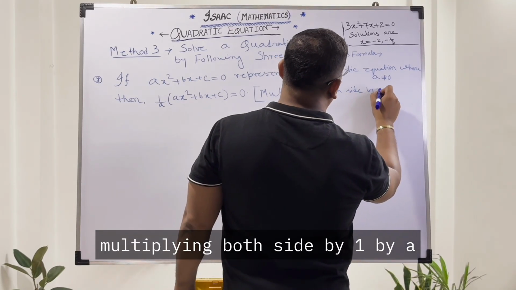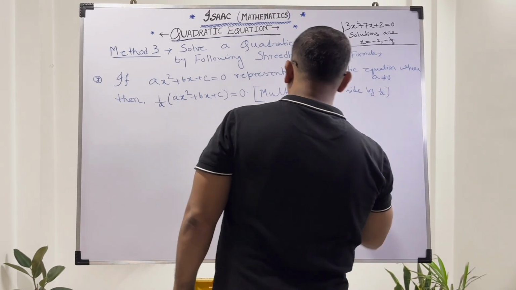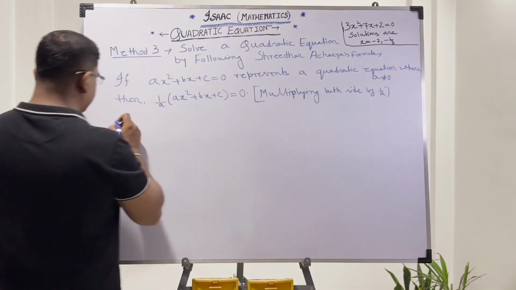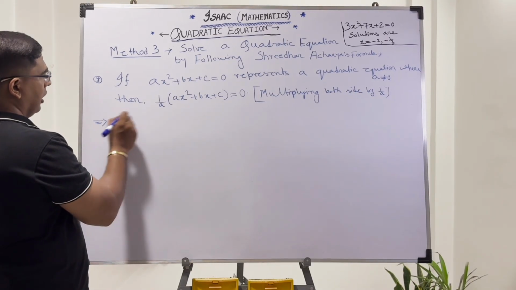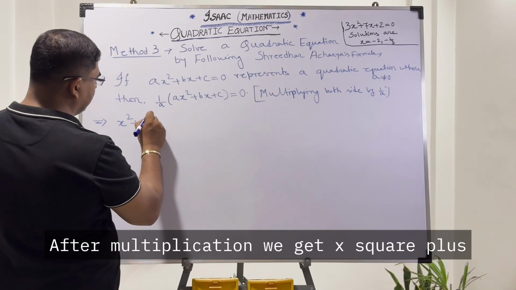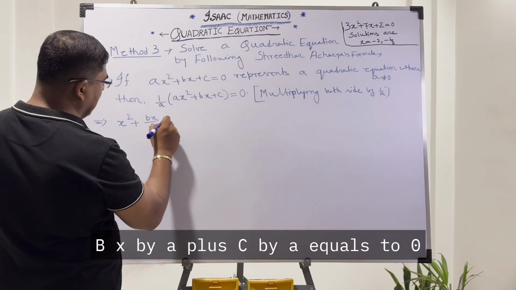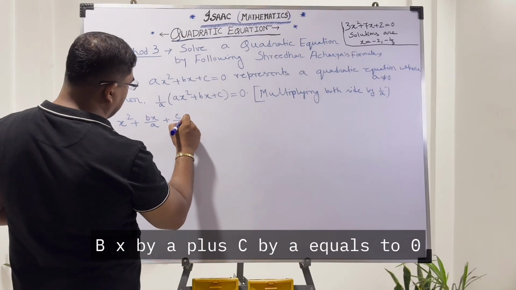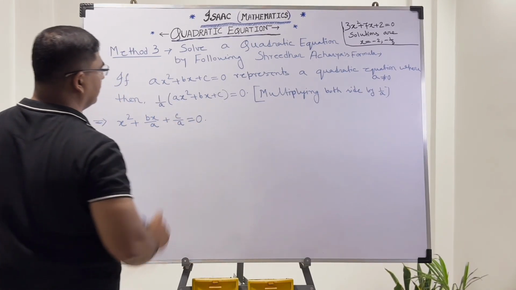After multiplication, we get x squared plus bx/a plus c/a equals 0.